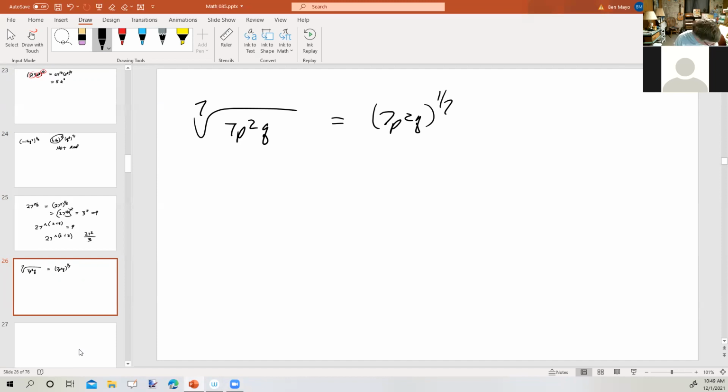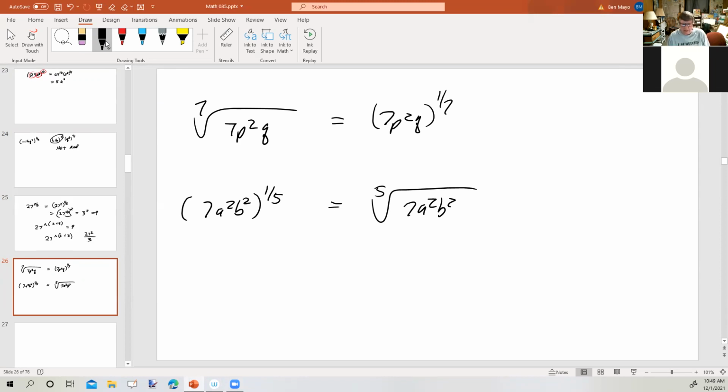Going the other direction, let's say we've got 7a squared b squared to the 1/5 power. And then we're supposed to change that to a radical. That would be the 5th root of 7a squared b squared. So the index and the denominator of the exponent are interchangeable.